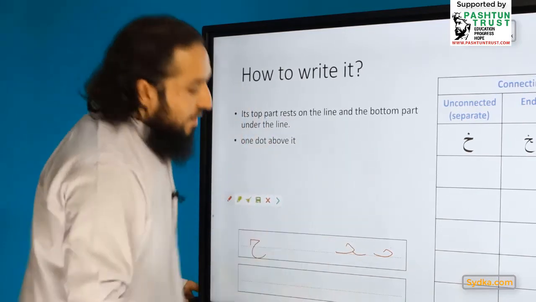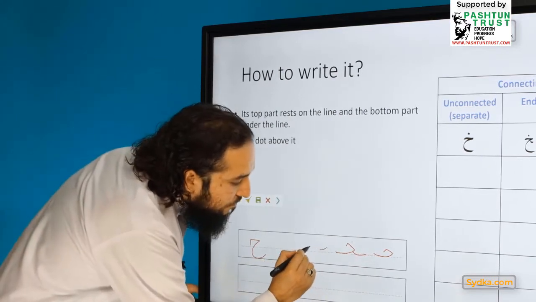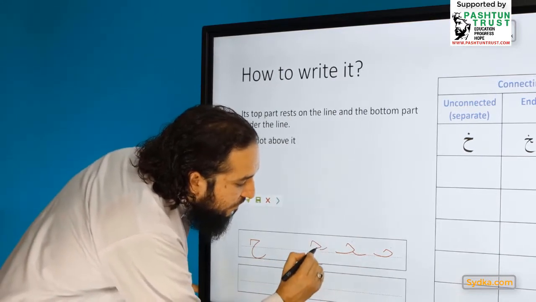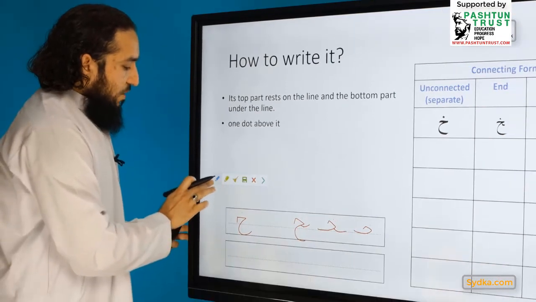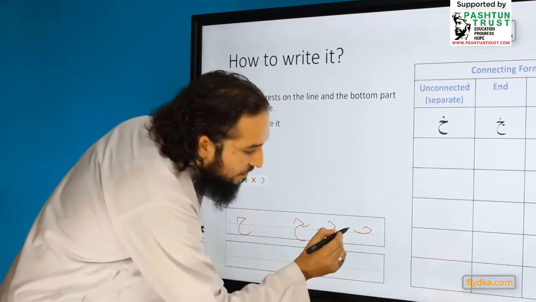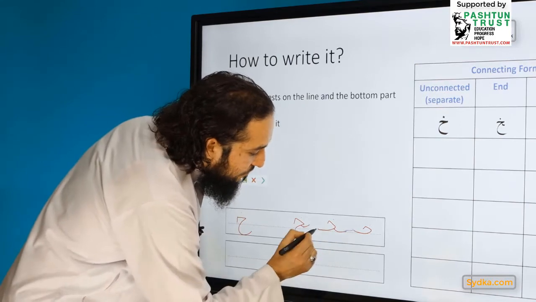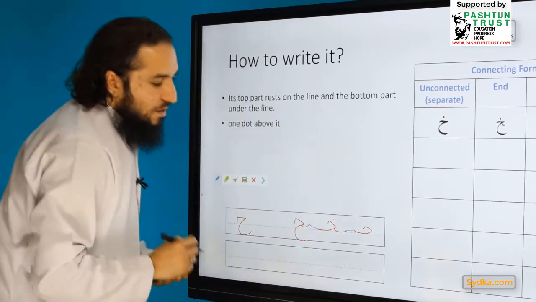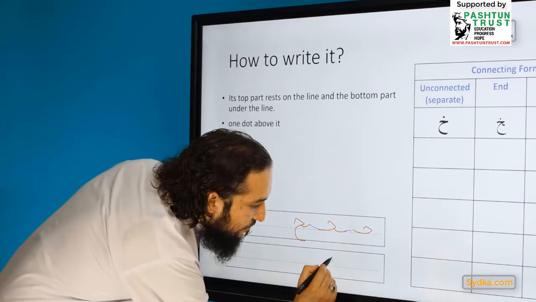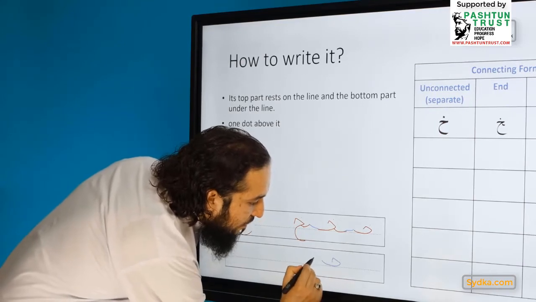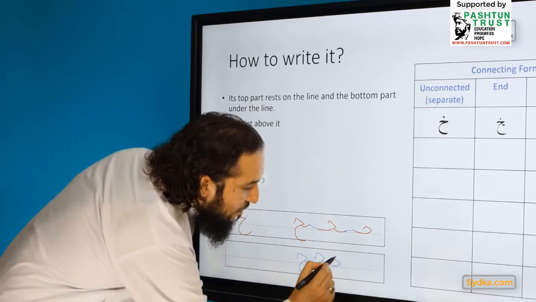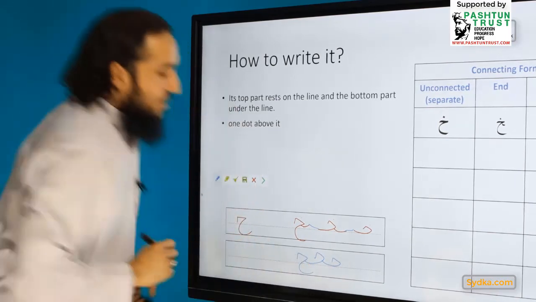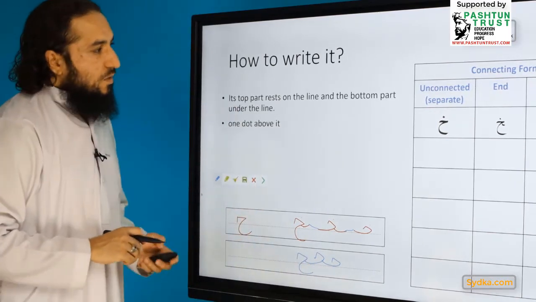If it is written at the end, okay. So can we connect them? Yes, because it is a connector. So you can connect this one to that one. Let me write it down again. Okay, that's how it is written.